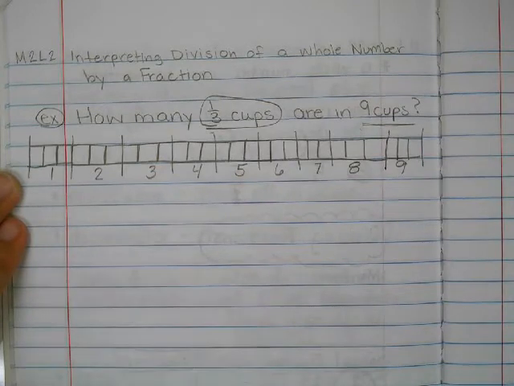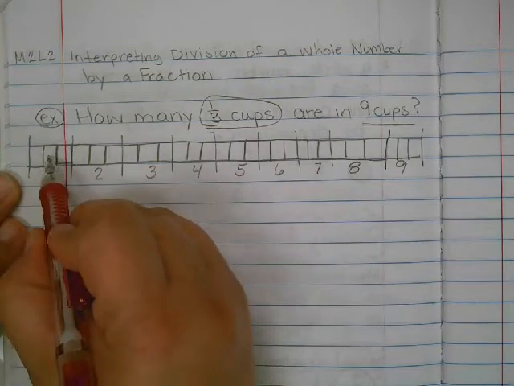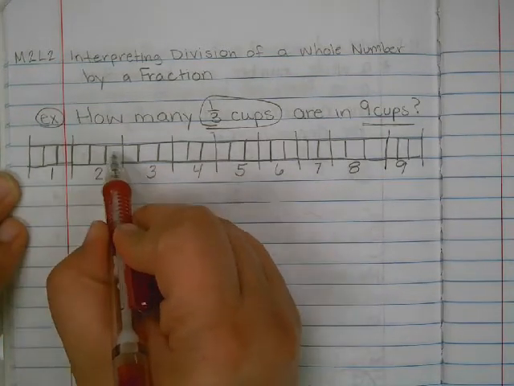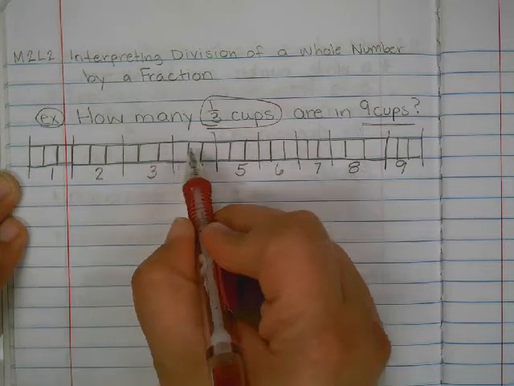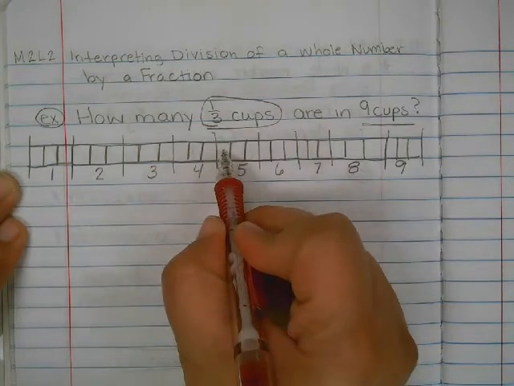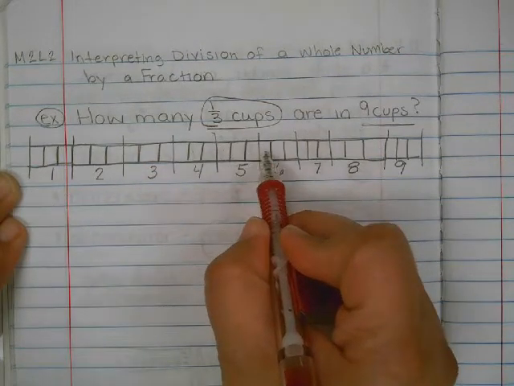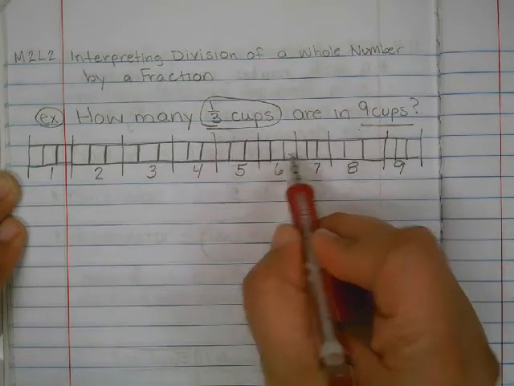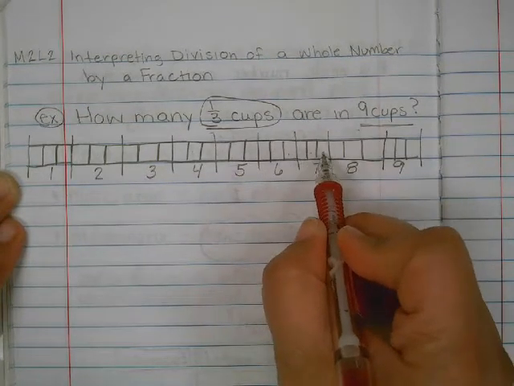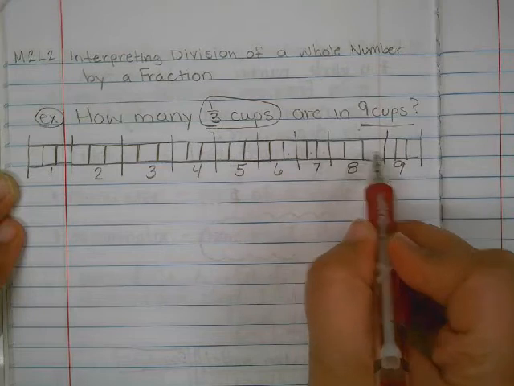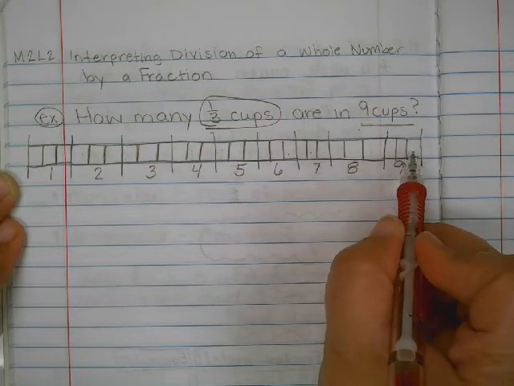And then I need to total that up. 1, 2, 3, 4, 5, 6, 7, 8, 9, 10, 11, 12, 13, 14, 15, 16, 17, 18, 19, 20, 21, 22, 23, 24, 25, 26, 27.